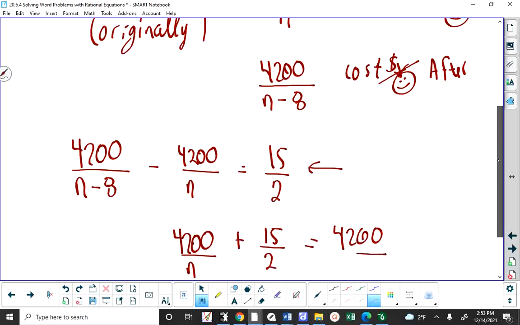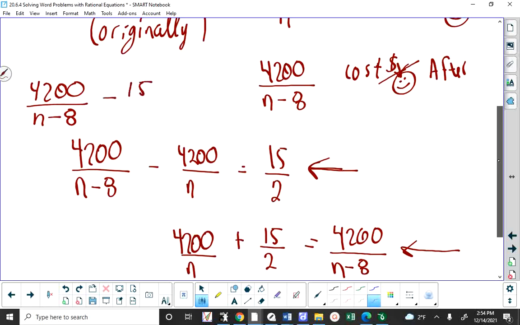And you may decide to do that because that just makes more sense in your head. By the way, you'll notice that if you do take this equation and add 4,200 over n, you get this equation. What some people might do, and my brain does not operate this way, is take the 4,200 over n minus 8 and take off that to get the original.